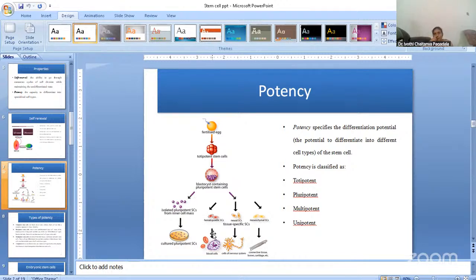The origin for the pluripotent cells is embryonic stem cells, multipotent cells are from fetal stem cells, and oligopotent cells are from adult or somatic stem cells.